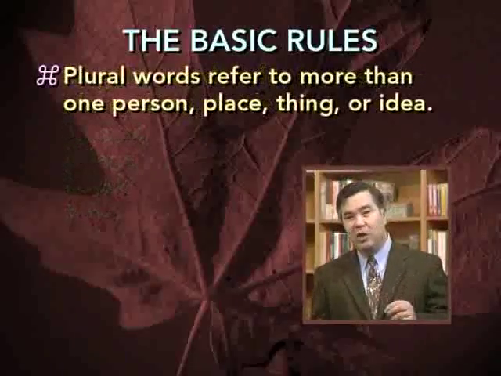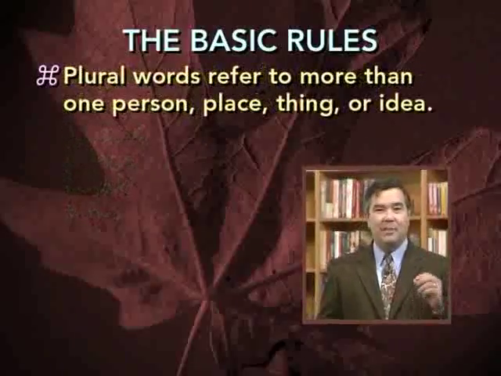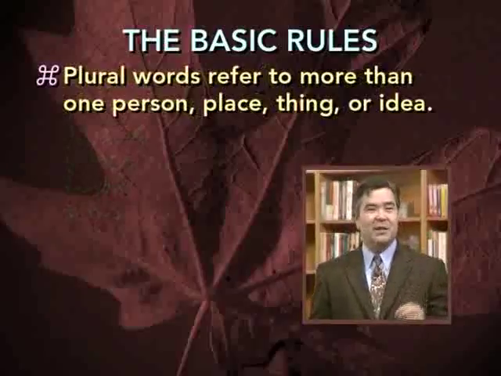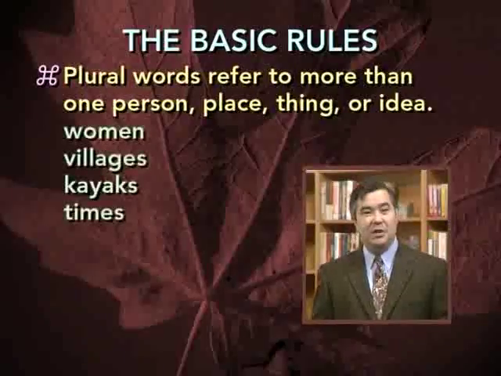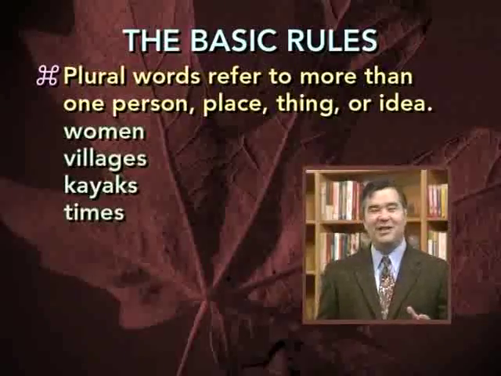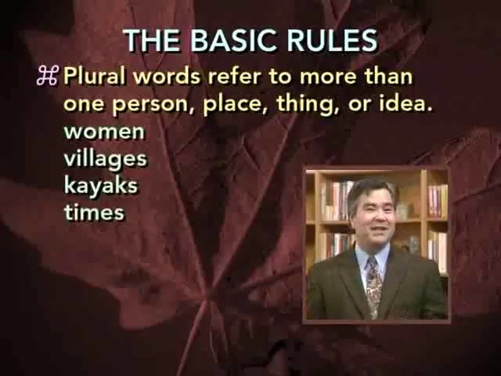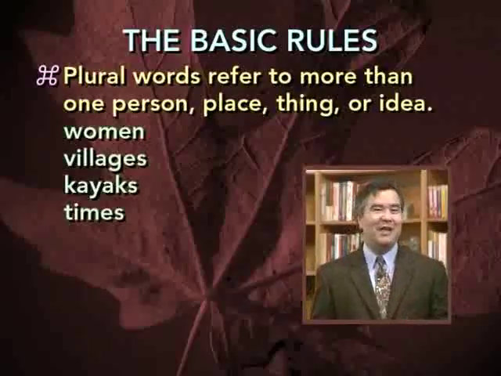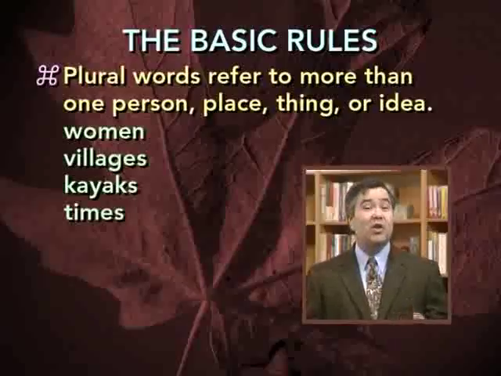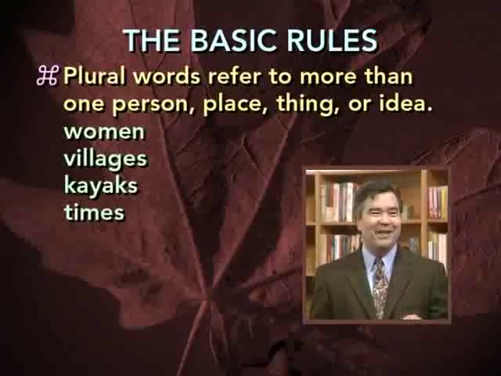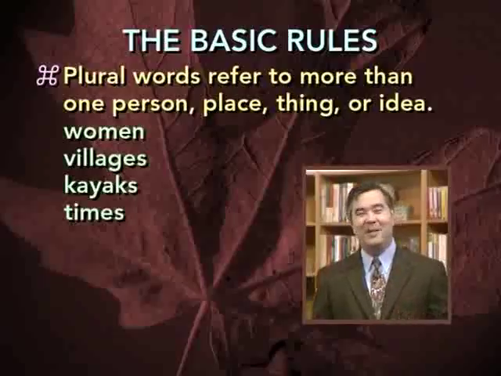Now, plural words refer to more than one person, place, thing, or idea. Here are some examples of plural words: women, villages, kayaks, times. In each of these cases, we've taken the singular word that we gave you a moment ago and turned it into plural. Now it refers to two or more women, villages, kayaks, or times.